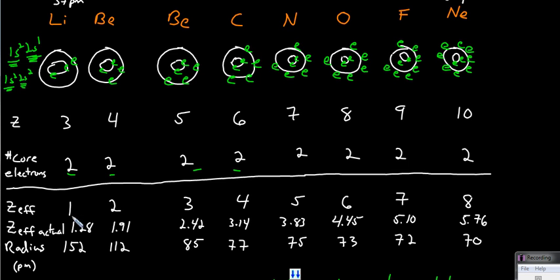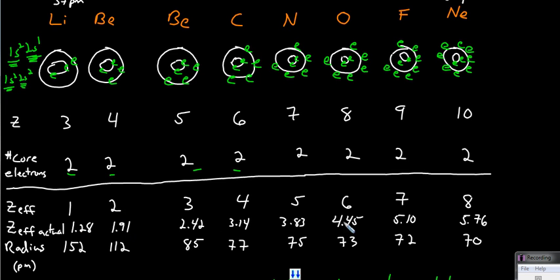Yet, these might be our estimated effective nuclear charges, these whole numbers 1, 2, 3, 4, 5, 6, 7, but the actual effective nuclear charges are not exactly whole numbers. They range. Lithium is 1.28, beryllium is 1.91. We can see lithium is about 1 and beryllium is about 2.